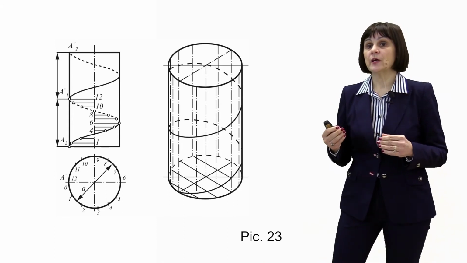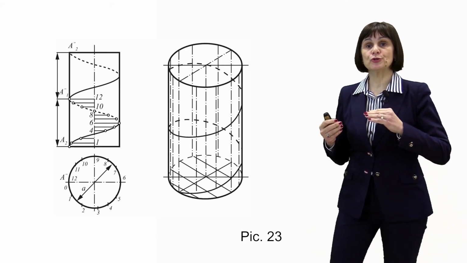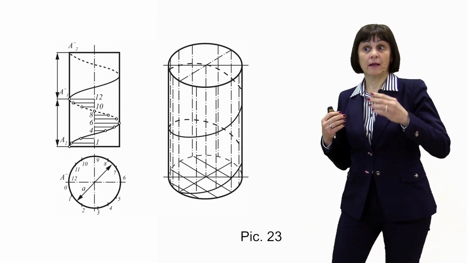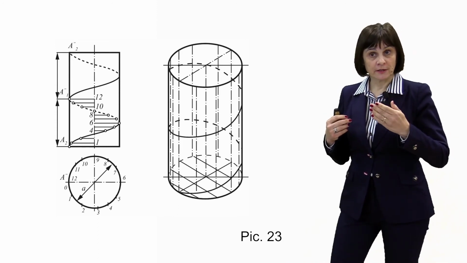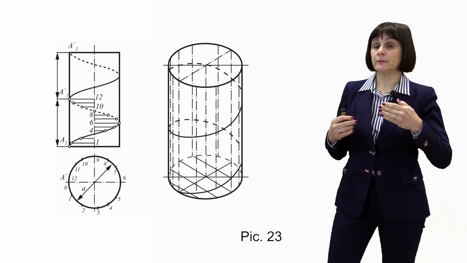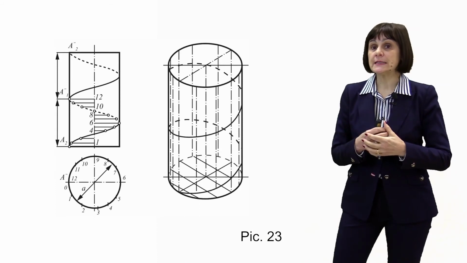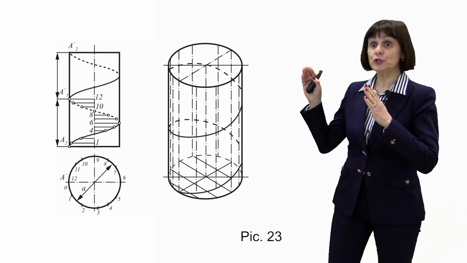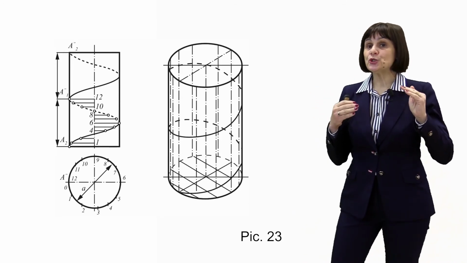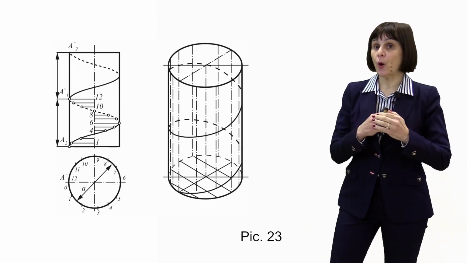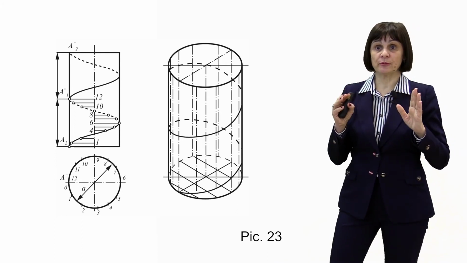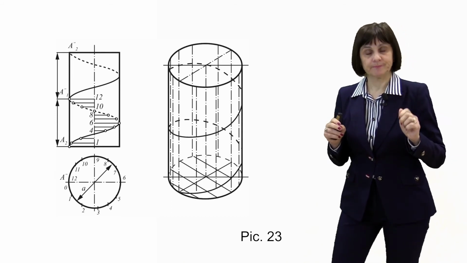If we want to construct not one but two or more spirals of the helical line on our front view, on the frontal projection plane, for example, on our object we have two spirals. For this, we need to divide the height of our object on the frontal projection plane into two parts.